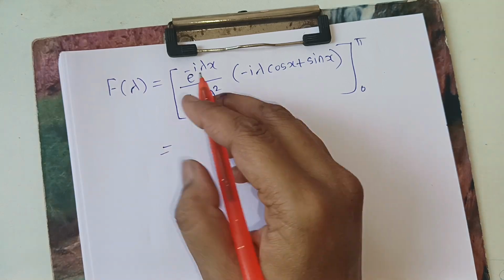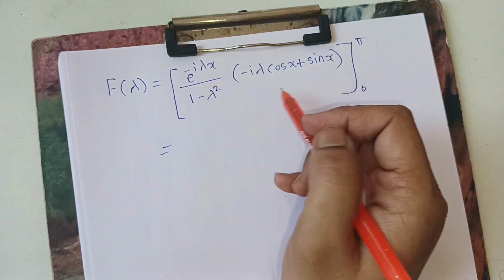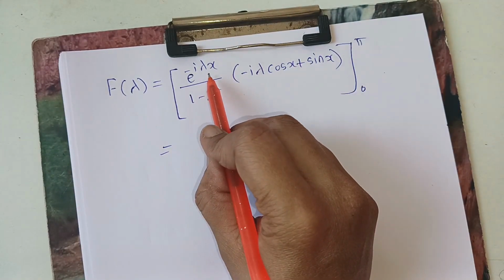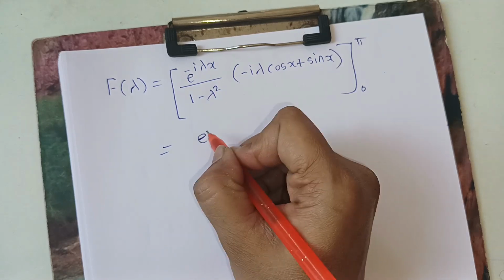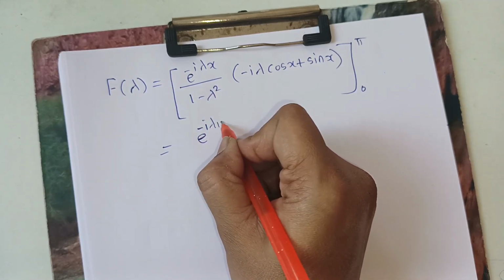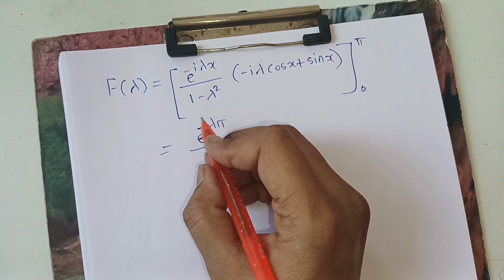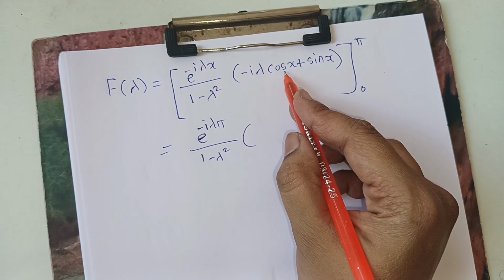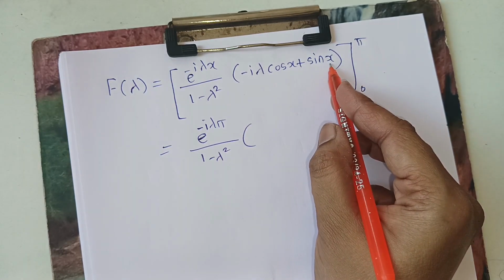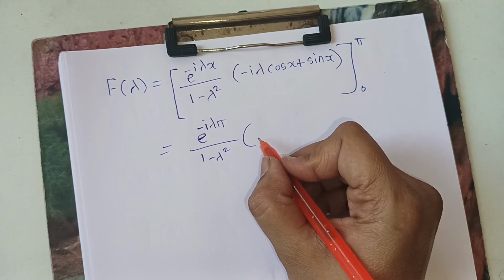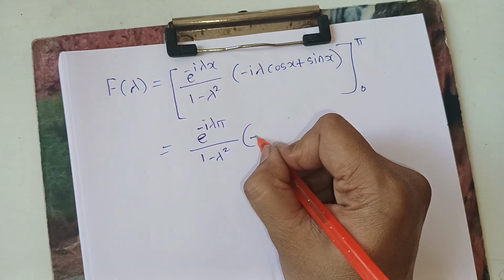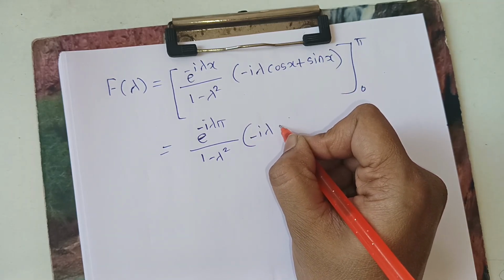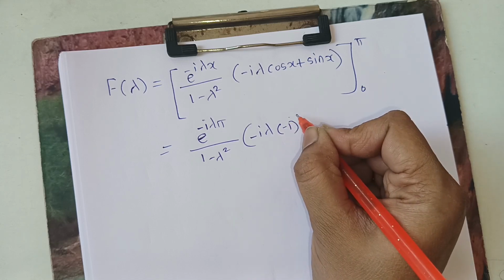Now the upper limit is pi, so put pi first. After putting x equal to pi, you will get e raised to minus i lambda pi divided by 1 minus lambda squared into bracket. Here cos pi is minus 1 and sin pi is 0, so only one term will be there in the bracket: minus i lambda cos pi, which is minus 1.